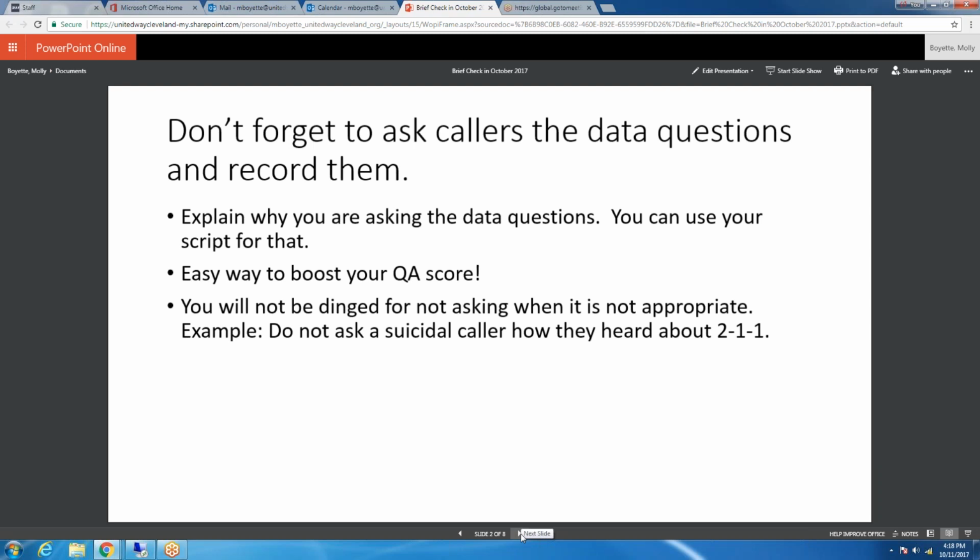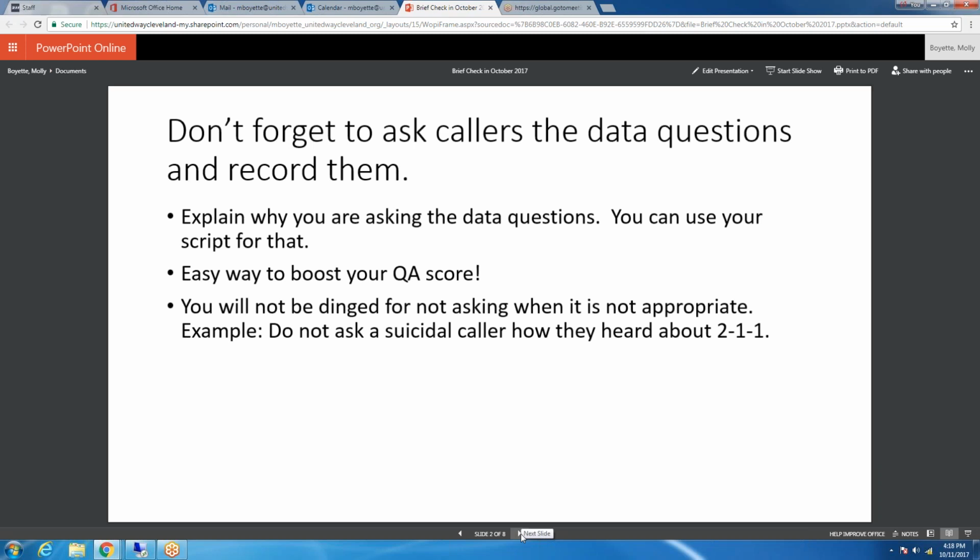We want to explain why we're asking those data questions, and just rely on your script for language for that. Different programs will serve different areas as well as sometimes different age groups. So, is it okay if I ask you for your zip code and your age?